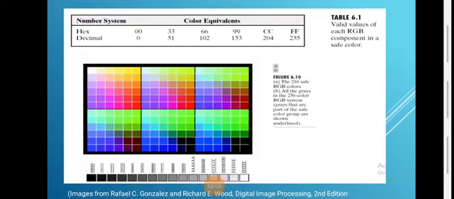Next is the color value representation. We couldn't say all the colors are faithfully retrieved, so we are talking about a subset of colors.